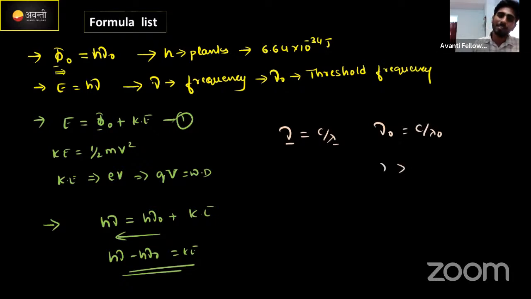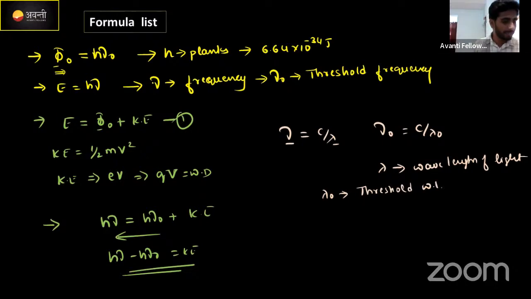Here lambda is the wavelength of light you are using, and lambda naught is the threshold wavelength. By substituting, we will get some other equations, no worries.